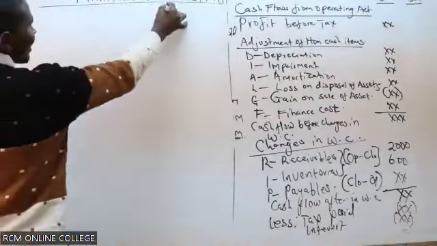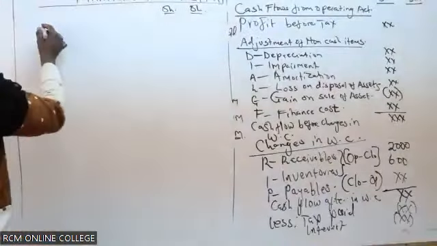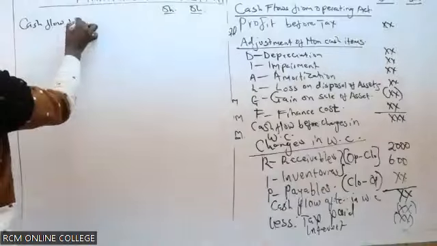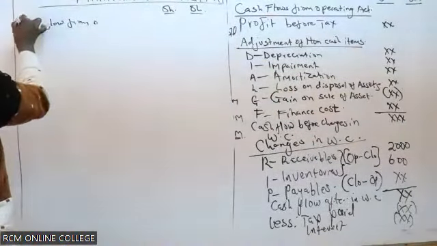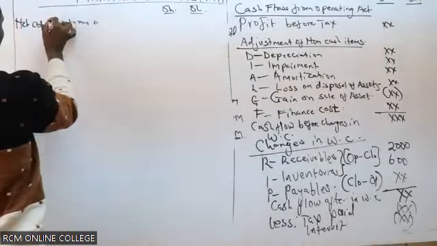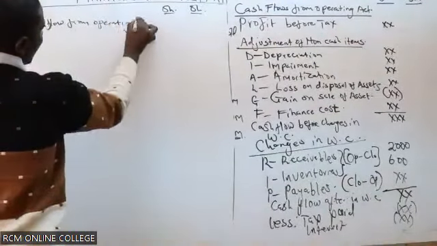So let's continue. So in this case, I have my sharings. So we are still proceeding. This is net cash flow from operating activities.